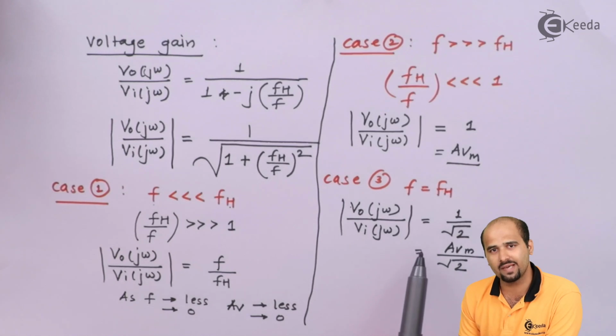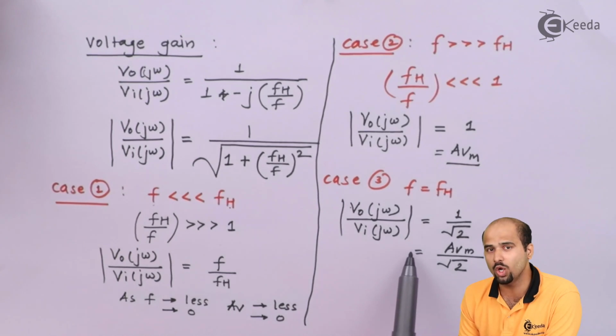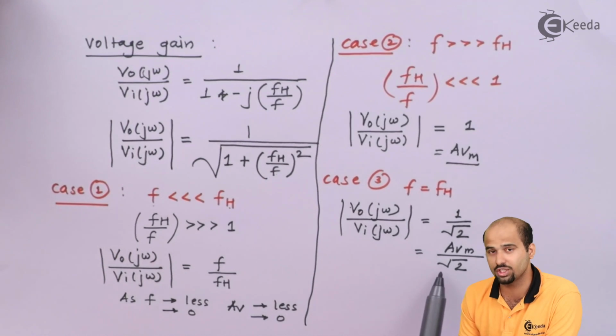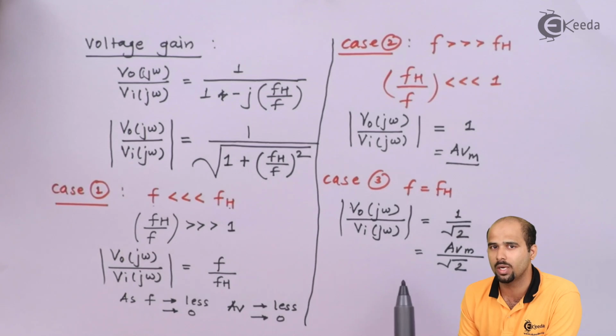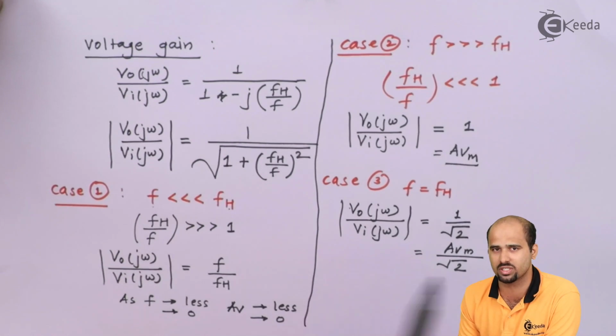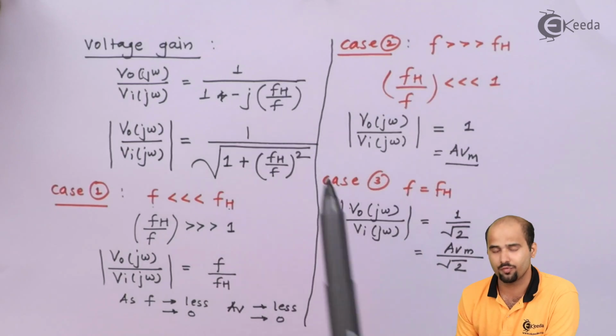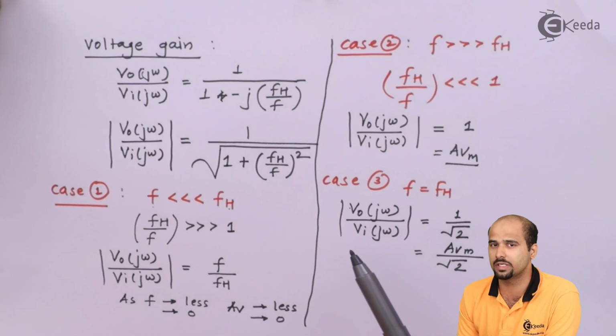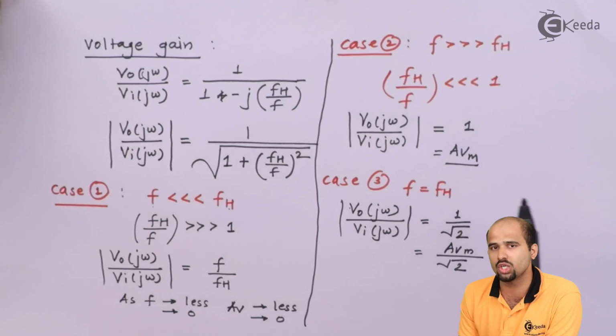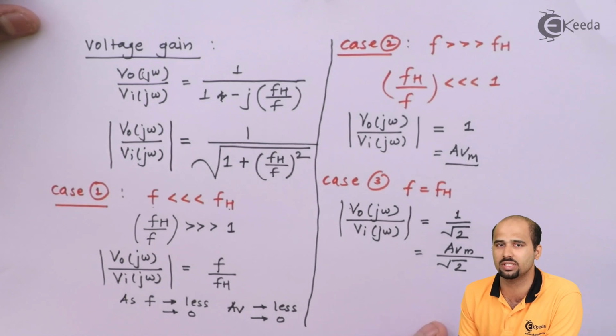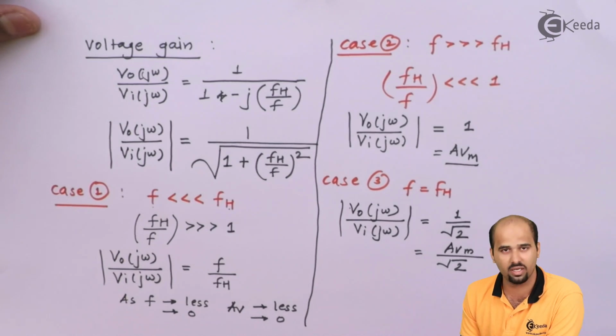As frequency f is equal to fh, your value of voltage gain is reaching towards the maximum value, but it has not reached the maximum value; its value will become AVM, that is maximum value of voltage gain, divided by root 2. Okay, then as frequency moves further towards the higher side of fh, your value will become constant and it will reach towards the higher value AVM.